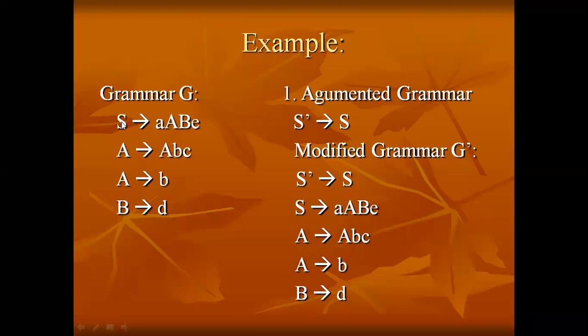When the first rule is ended, in which item is the first rule ended with the dot operator? Initially it is S tends to dot A, B, E, right? Starting from the right hand side initially, and after performing some computations, the rule becomes S tends to A, B, E dot.